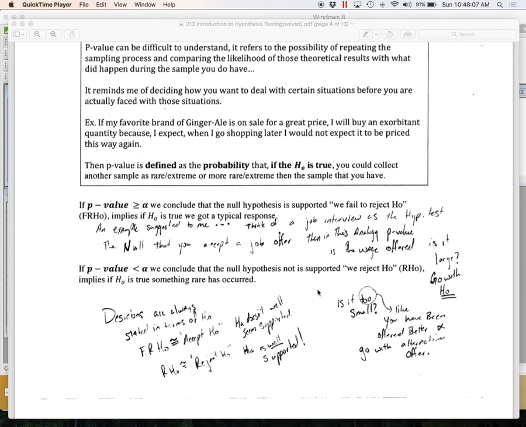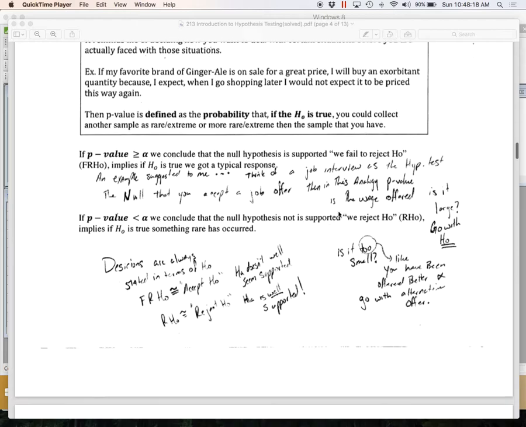I'm going to reject that job offer. So when the p-value is smaller than alpha, we reject the null hypothesis. When the p-value is larger than or equal to alpha, then we will fail to reject the null hypothesis.